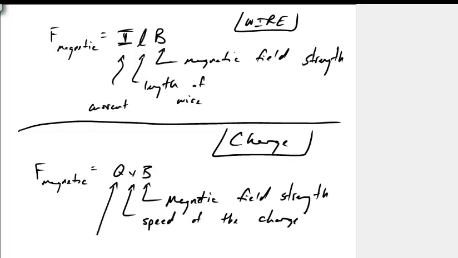And that's what Q represents. This is the electric charge, measured in coulombs. Speed is in meters per second. B is in teslas. And somehow that all works out to equal a newton.